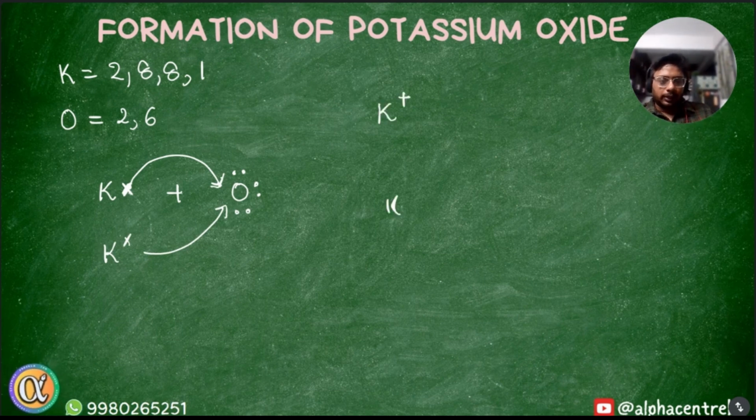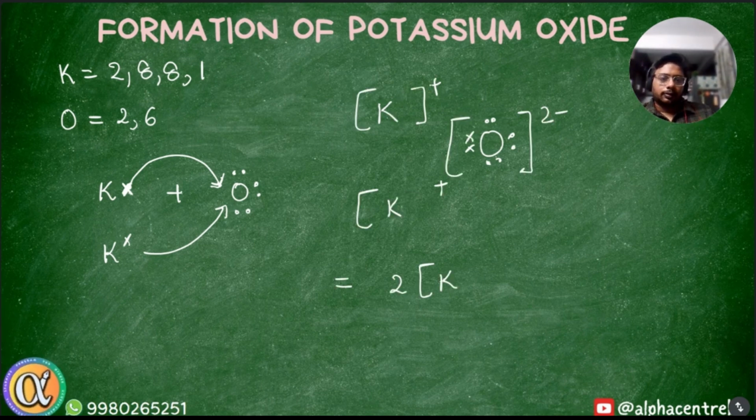The other potassium also gets a positive charge, and oxygen with 2 extra electrons now has a net negative charge of 2 minus.